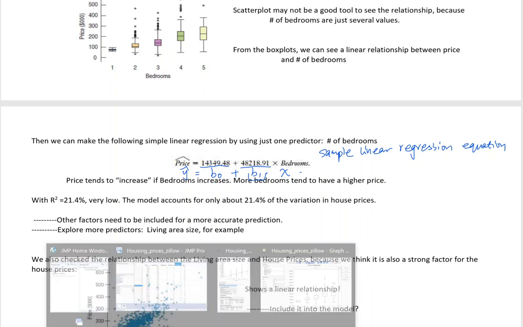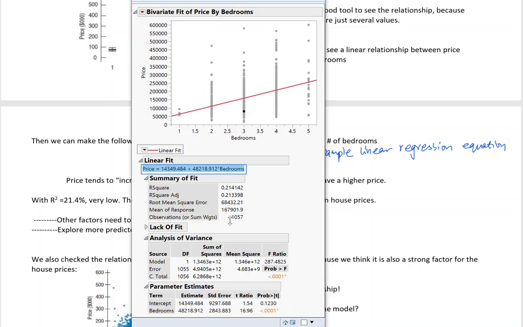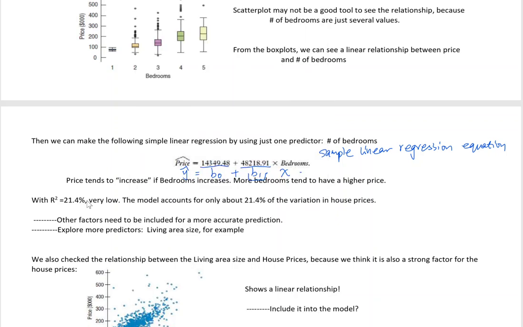Then let's look at the output. We want to determine whether this model is good or not. We need two pieces of information. The first one is R square. R square is 0.214, which means 21.4%, which is very low.